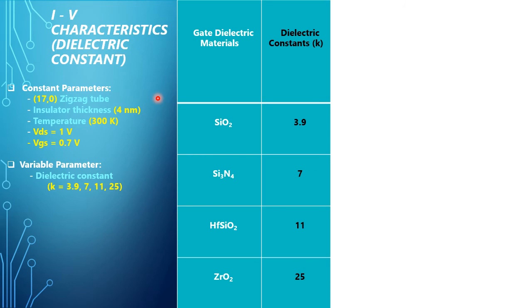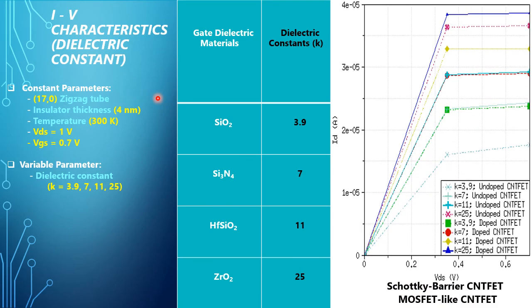They are silicon dioxide with dielectric constant of 3.9, silicon nitride of 7, hafnium silicon dioxide of 11, and zirconium of 25. The constant parameters were as before. This curve shows the Schottky barrier CNT FET and MOSFET like CNT FET's performance when changing the dielectric constant.